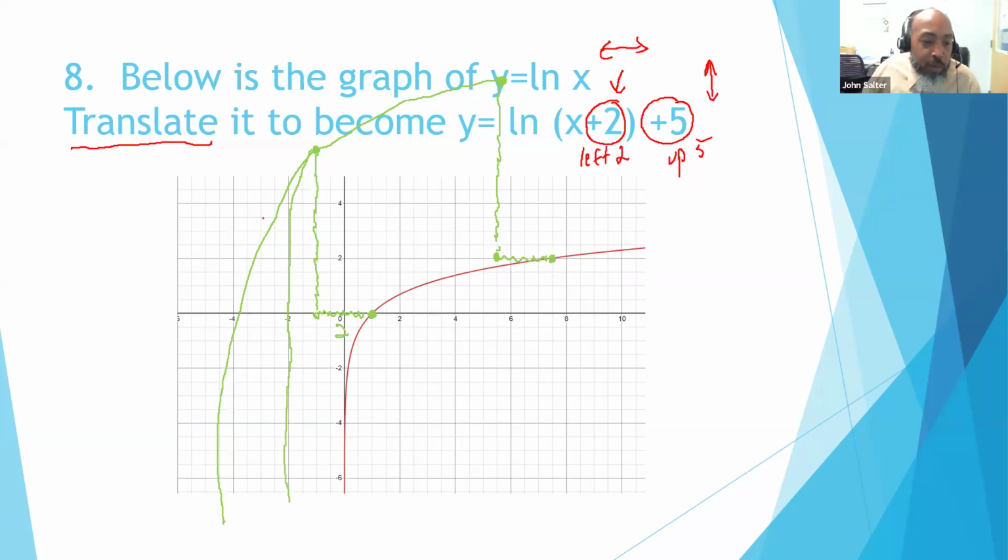So something probably a little closer to that. Connect my dots again. That's more or less what it'll kind of look like. Okay. All right.